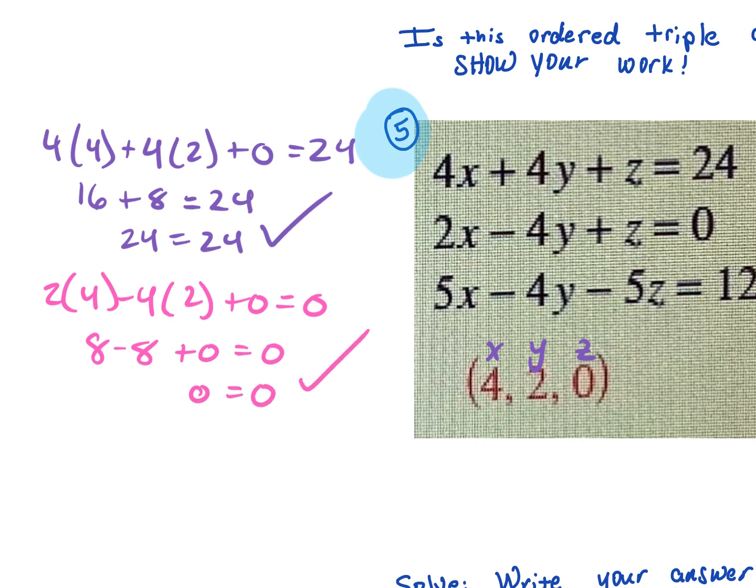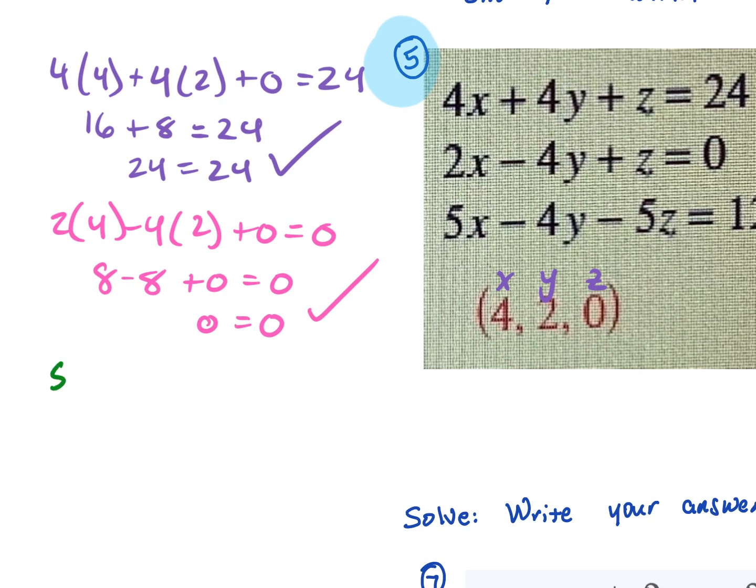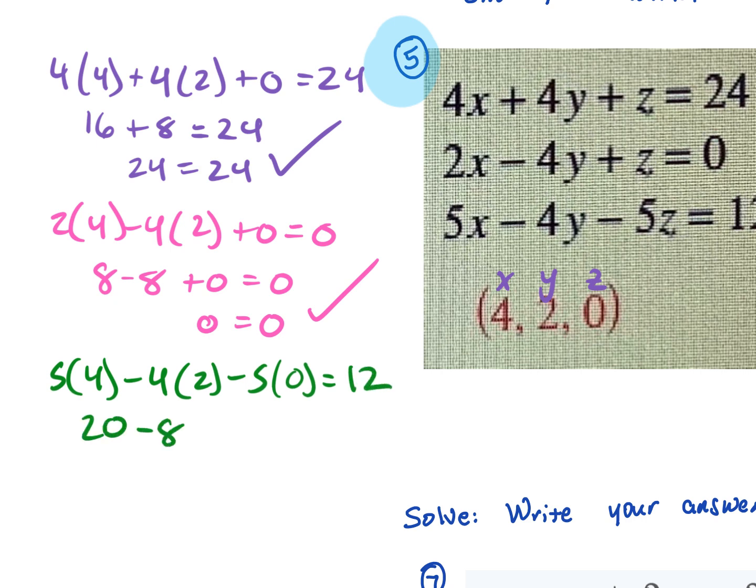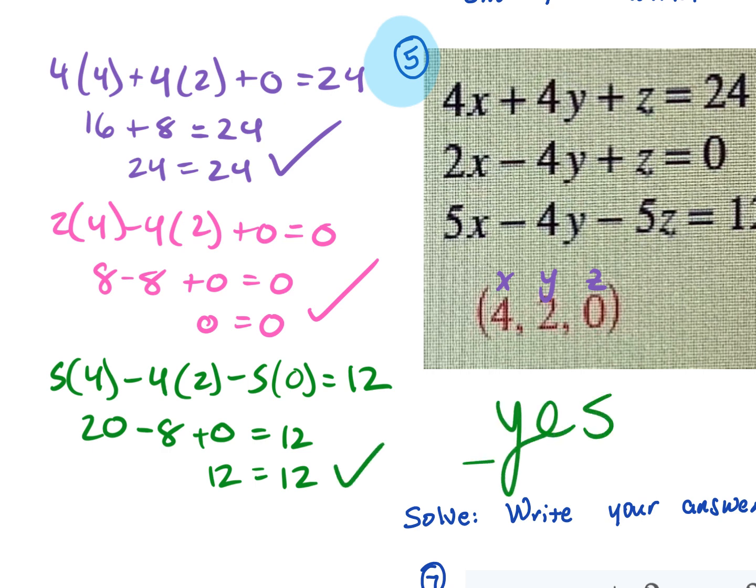Let's try the third one. 5 times 4 minus 4 times 2 minus 5 times 0 is equal to 12. So this would be 20 minus 8 plus 0 is equal to 12. 20 minus 8 would be? Does 12 equal 12? Yes. So does it work? Yes, it's an ordered triple.